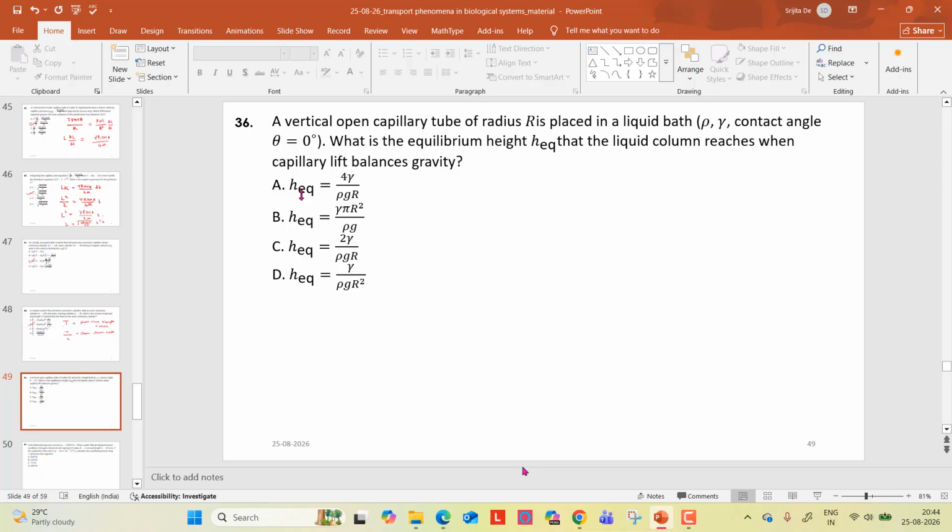A vertical open capillary tube of radius r is placed in a liquid bath. What is the equilibrium height that the liquid column reaches when capillary lift balances gravity?